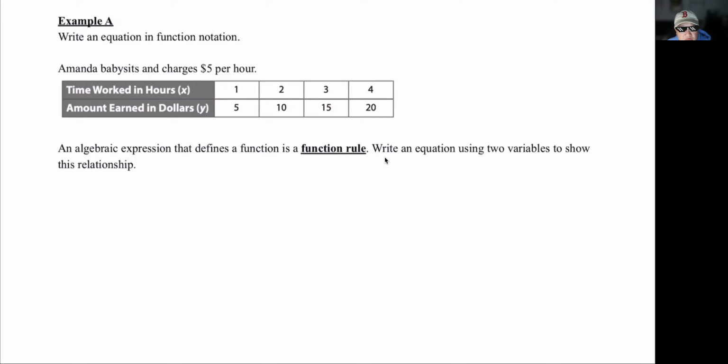So if we were to write this, what would you come up with? We know that the y values are 5, then 10, then 15, then 20, right? Then the function was 5 times 1, 5 times 2, 5 times 3, 5 times 4. You notice that these numbers are consistent, isn't it? If they're consistent, they're called constant.